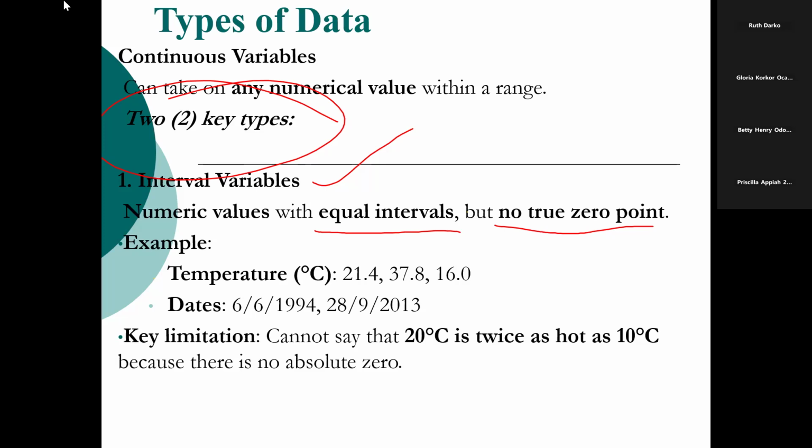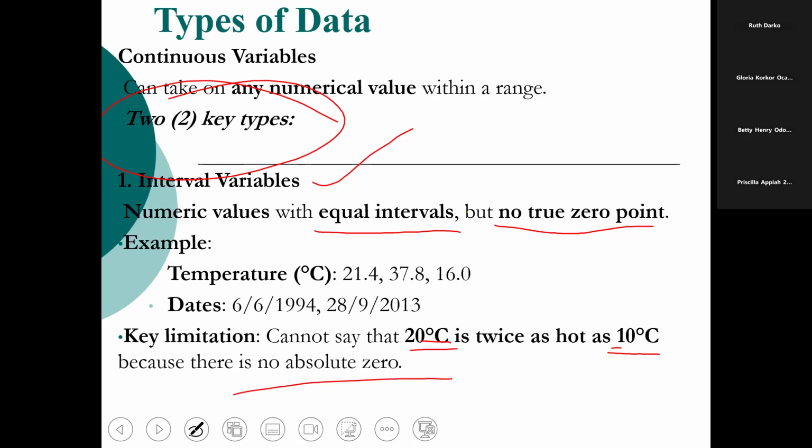And for example, you cannot say 20 degrees Celsius is twice as hot as 10 degrees Celsius. Why? Because there's no absolute 0. You can have 20 degrees Celsius in the UK, which is hotter than 30 degrees Celsius in Ghana. So these are important data that we must look at.